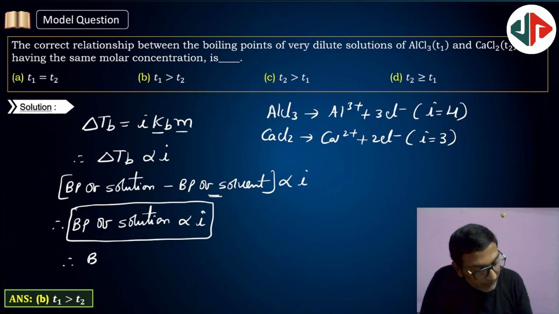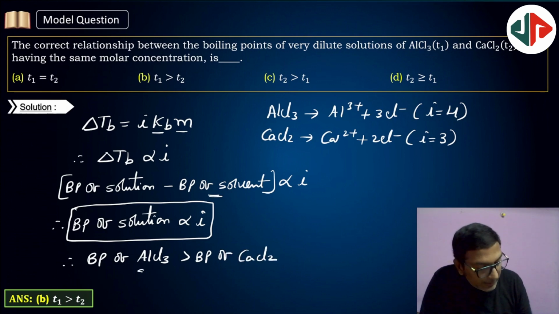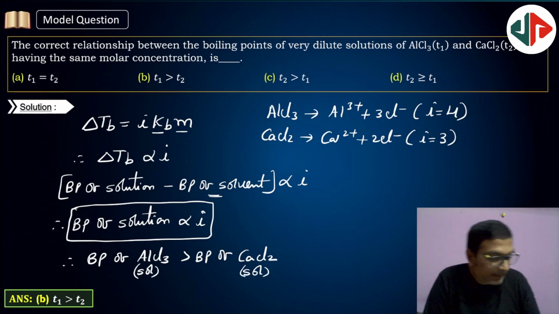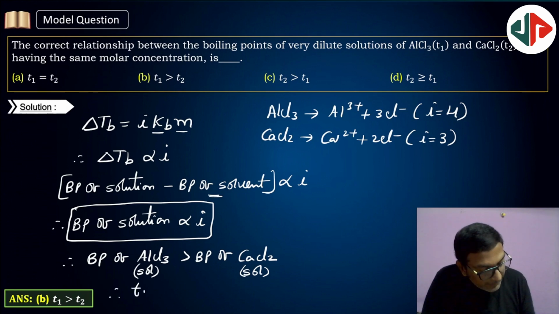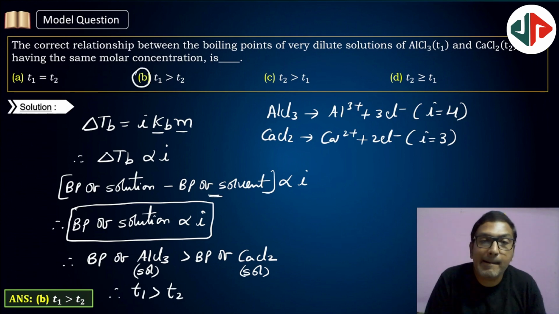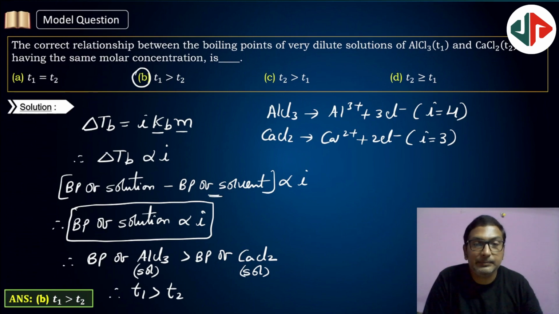Therefore boiling point of AlCl3 greater than boiling point of CaCl2 solution. So here it is T1. Therefore T1 greater than T2. Option B. Very, very important. Next.